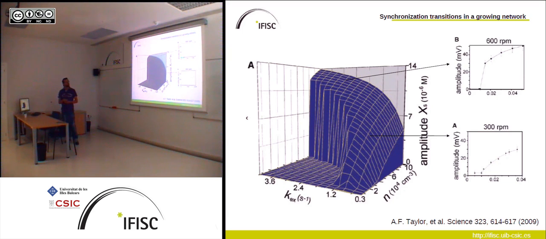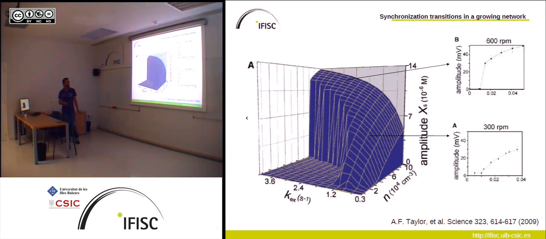As you can see here, this is a section of this figure. For large stirring rates, they found a sharp transition to the synchronized state with large values of amplitudes at a given critical density. But for low stirring rates, they found that there was a smooth transition to this synchronized state.